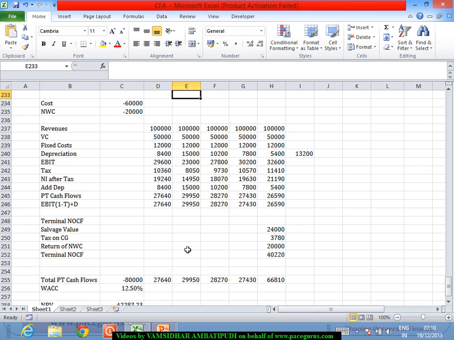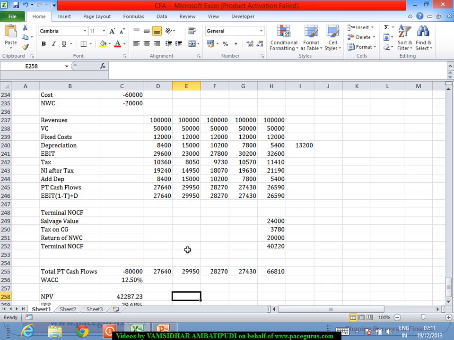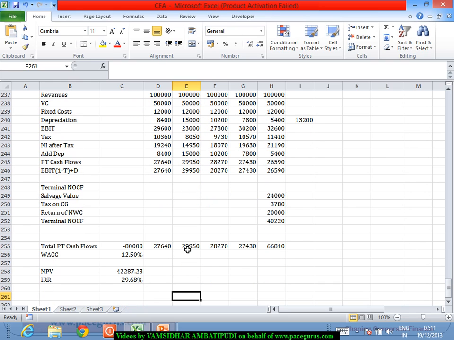But because we are selling it at a gain, we have to pay an additional tax corresponding to that additional gain, and we'll get back the return on the net working capital, which will work out to the terminal non-operating cash flows of 40,220, from where I can find out the total cash flows, and which will lead me to the computation of NPV and IRR based on the weighted average cost of capital. Alright.